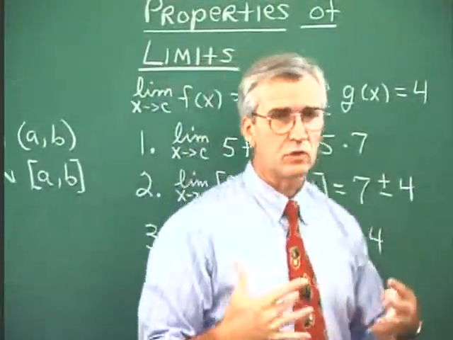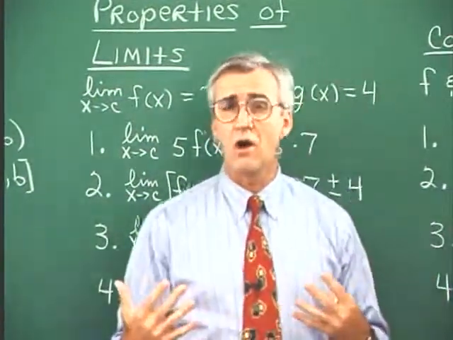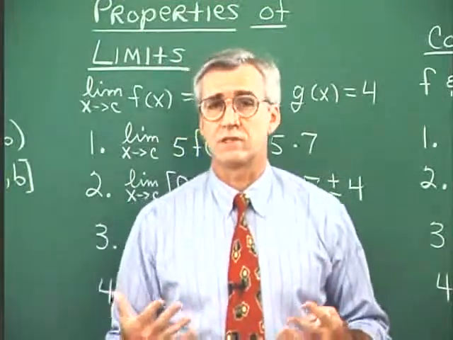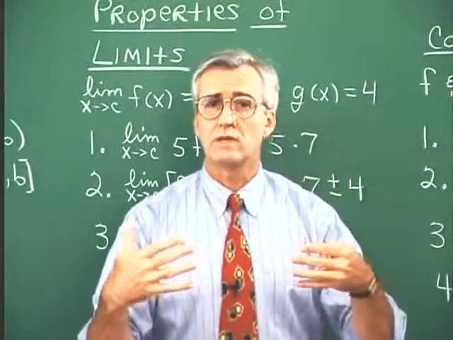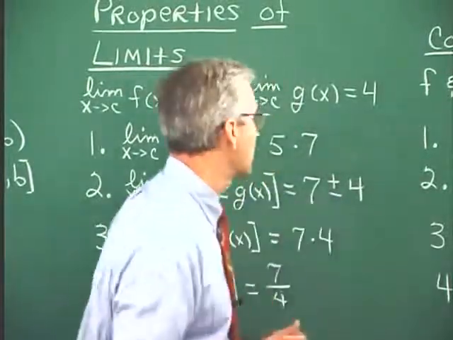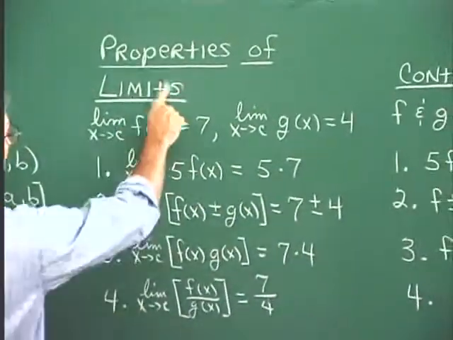Well, there's this correlation between limit and continuity all along, and we even see it in the properties. If we list properties of limit and continuity right next to one another, we see a remarkable similarity. For example, here I'm reviewing the properties of limits.